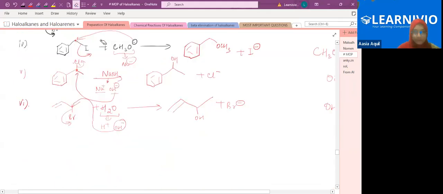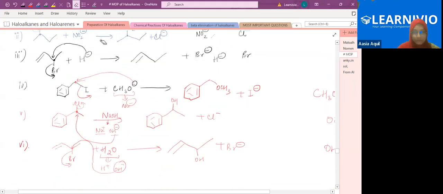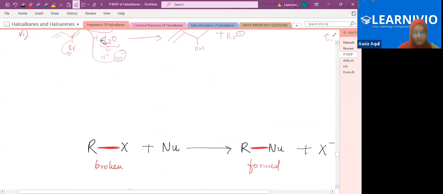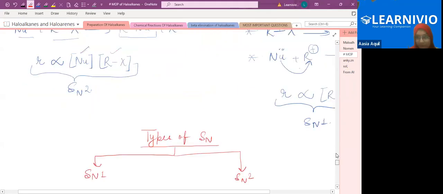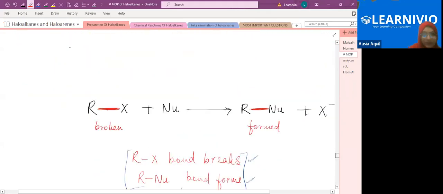Similarly, okay, let's do some more questions based on this. You just have to tell me what is the product which is formed.